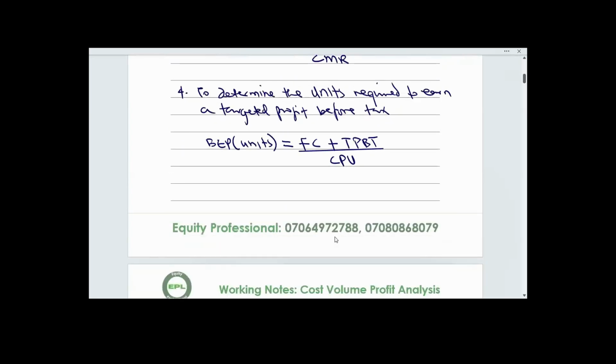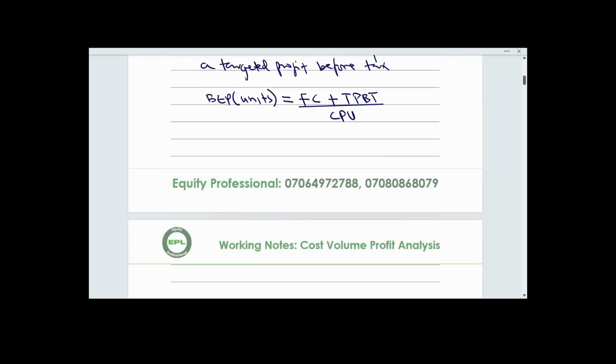Before I define the variables, notes. The targeted profits to use is profits before tax.